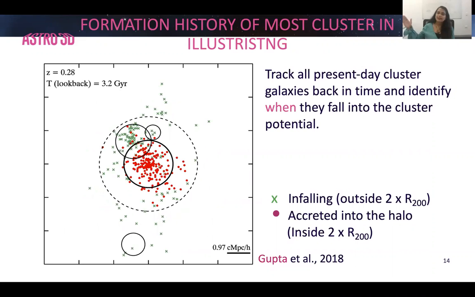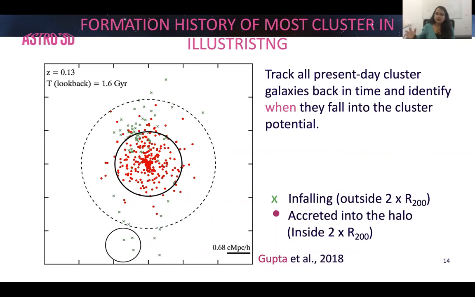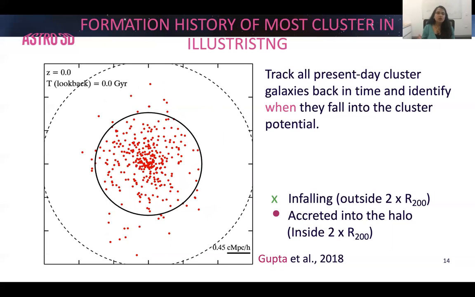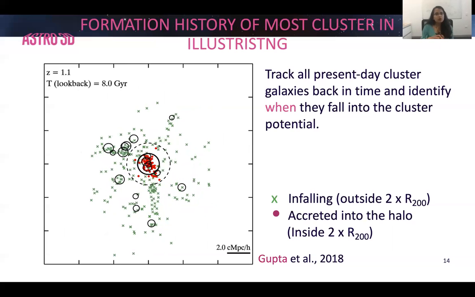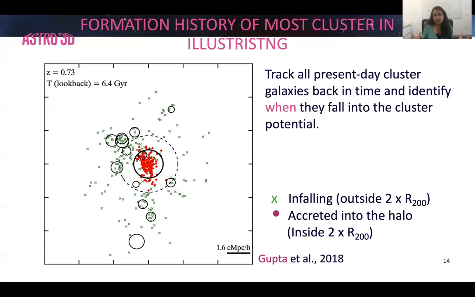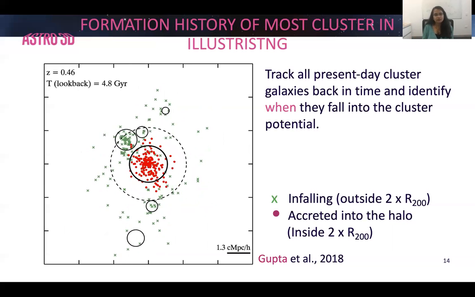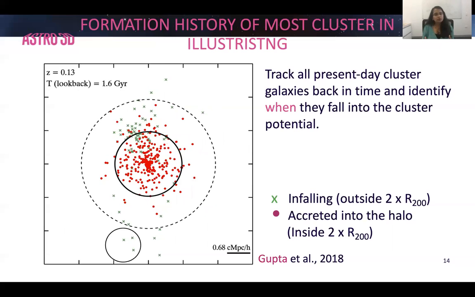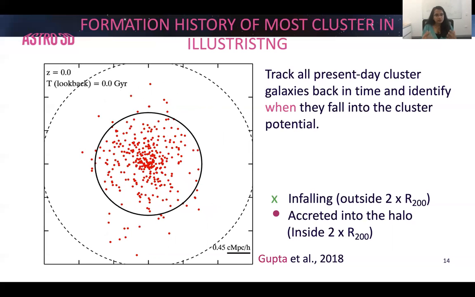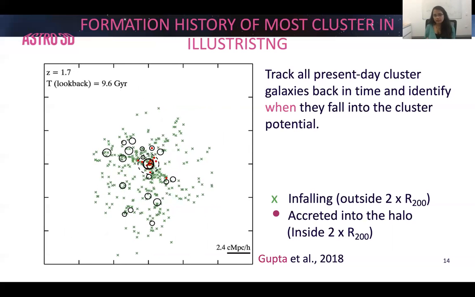We track them back in time and identify at what redshift they fall into the cluster environment. At really high redshift, none of them have really fallen into the cluster potential. But as we go to lower and lower redshift, more and more galaxies become these red circles, which are already in the cluster potential.